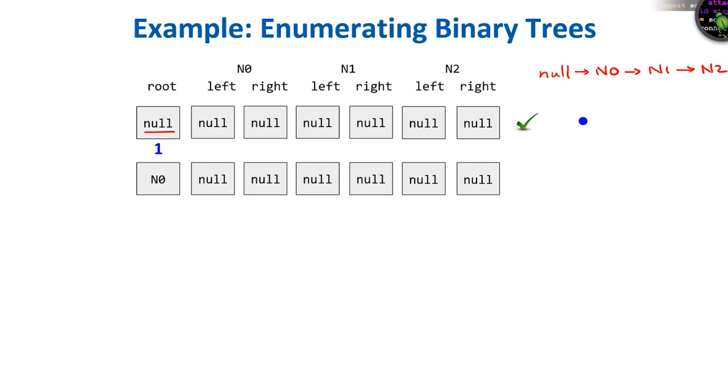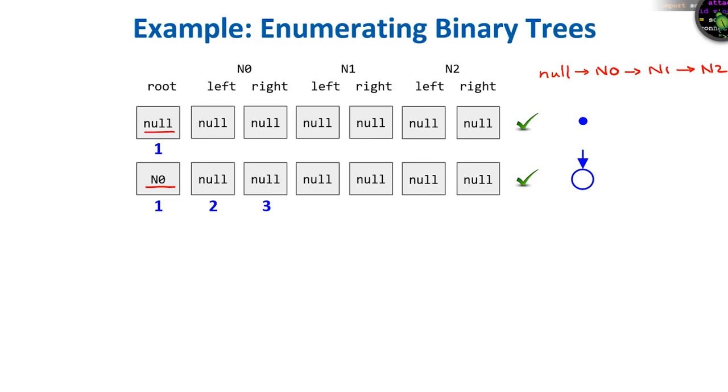Now that we have expanded the root field, we have a shape consisting of the root pointing to a node, which in turn has no children. Now we check that this shape passes the invariant. The order in which rep_ok accesses the fields is first the root, then the left child of the root, then the right child. The check will return true, so we accept this shape as a new test case.